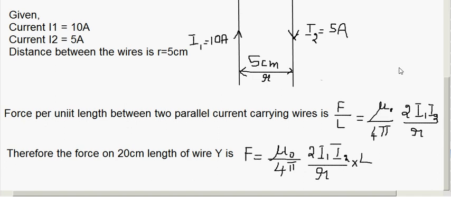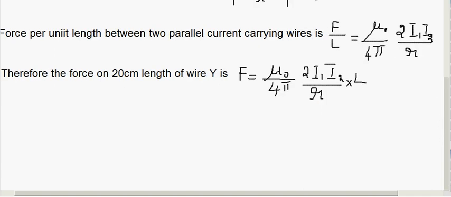Now let us substitute the quantities one by one. We know mu naught is 4 pi into 10 to the power minus 7, divided by 4 pi, into 2 I1 is 10.